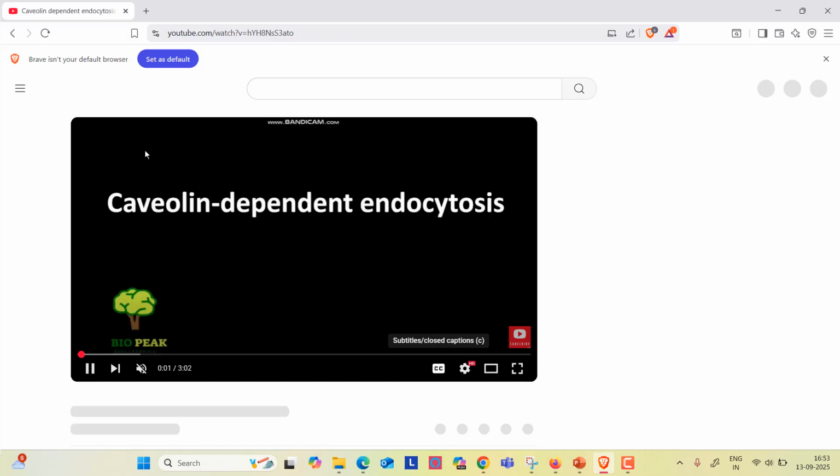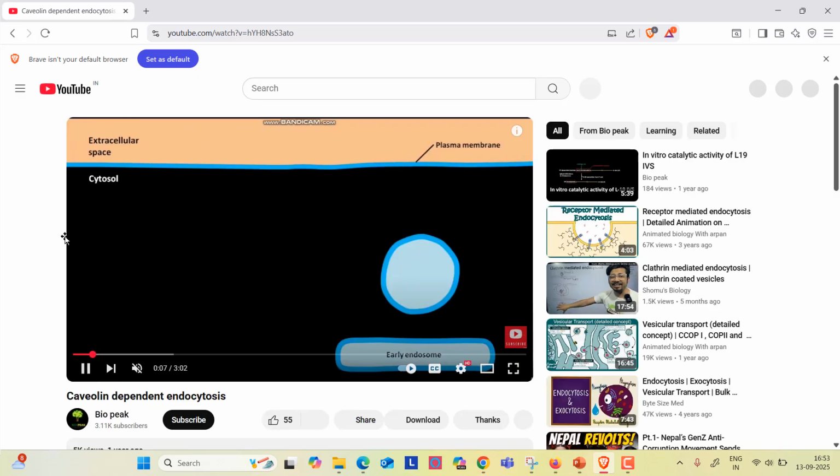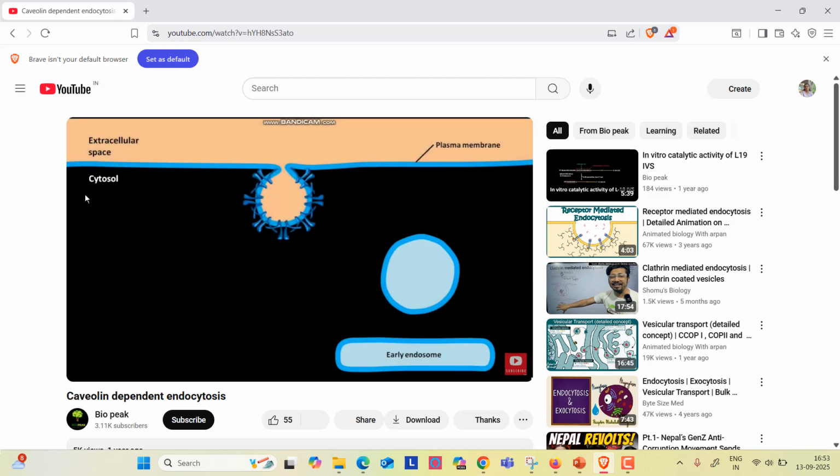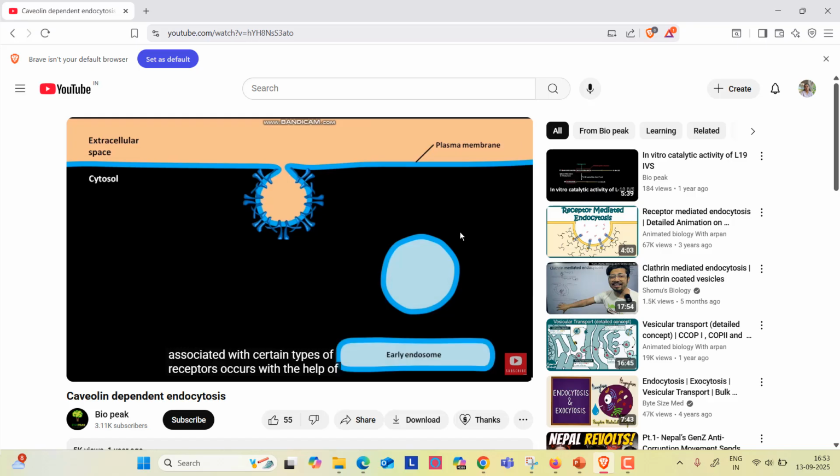So this is caveolin-dependent endocytosis. This is the extracellular matrix, this is the cytosol, and we will see how it is coming. See how this membrane is formed. Lipid rafts associated with certain types of receptors occur with the help of proteins called caveolin.